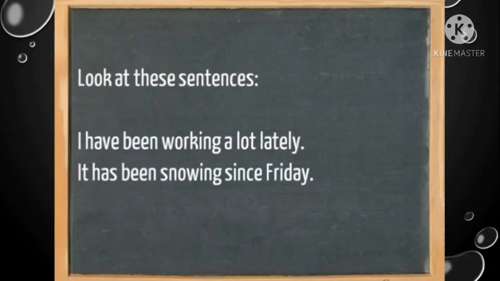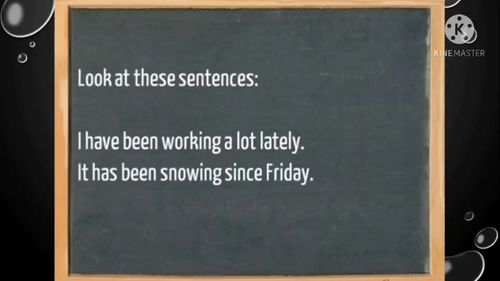Okay? Now let's read the second sentence. It has been snowing since Friday. Here again, the action has started in the past. The action of snowing has started in the past. When did it start snowing? Since Friday, meaning from Friday it started snowing.